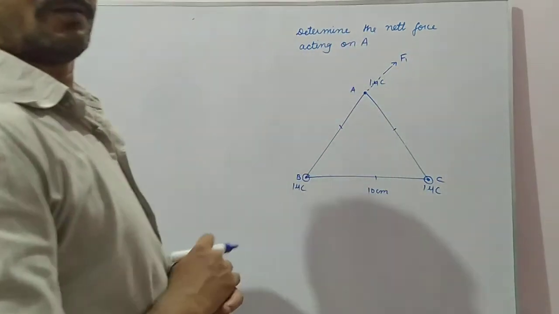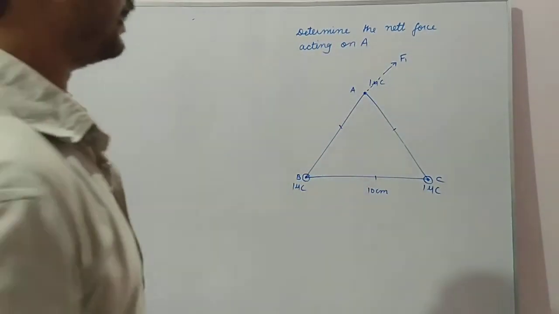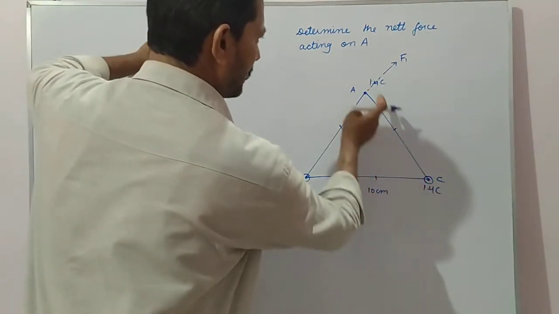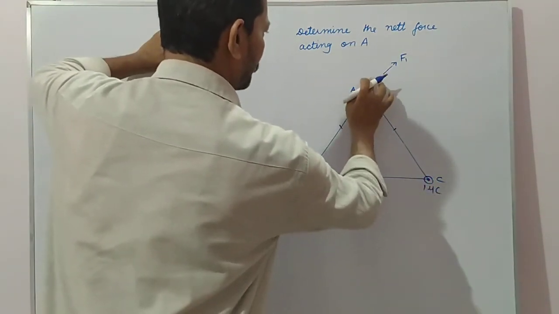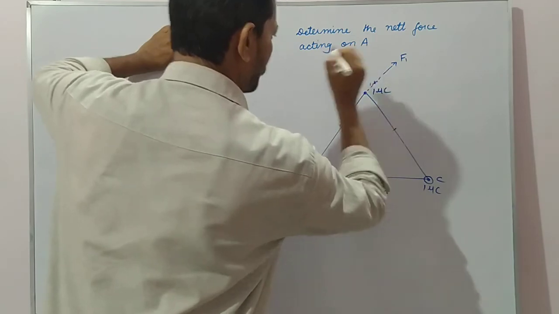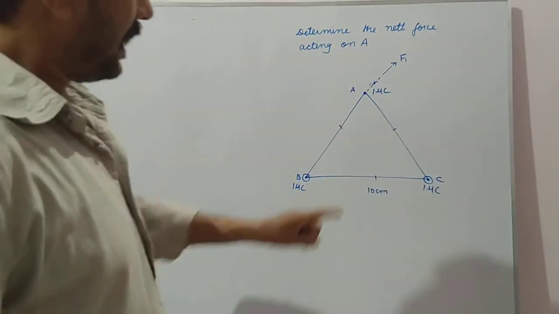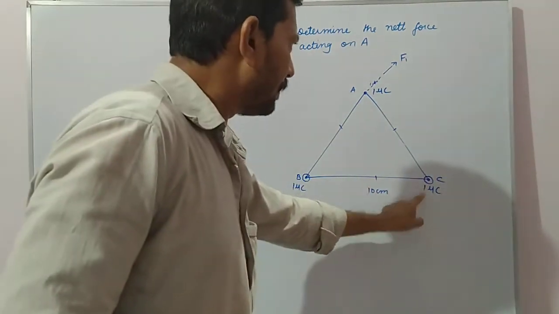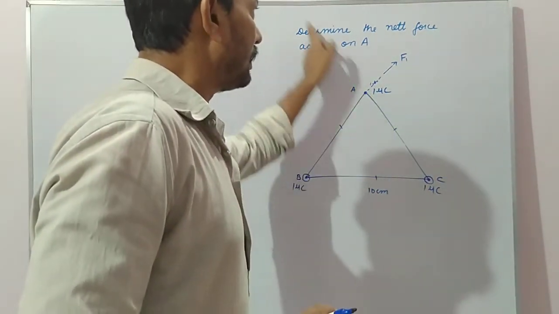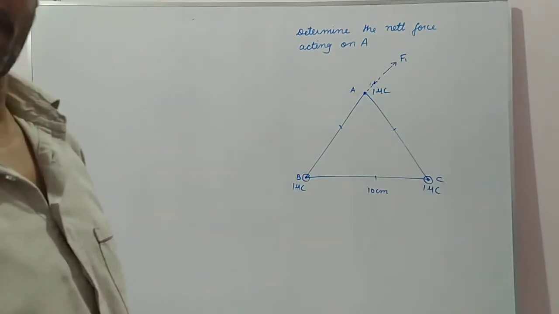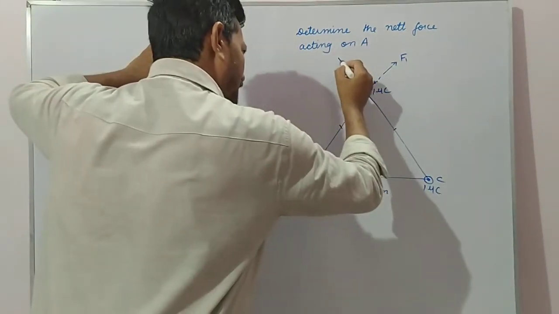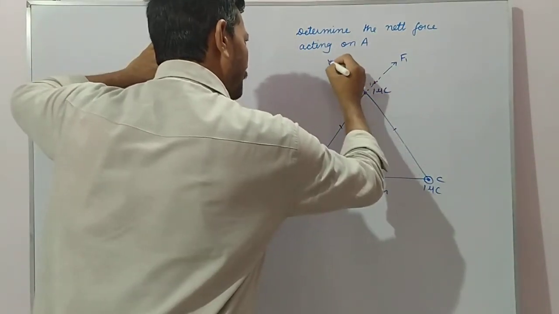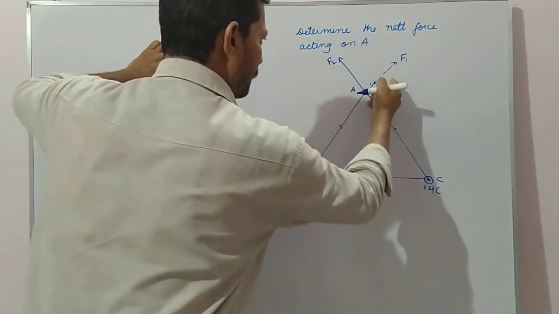Again, here is a 1 microcoulomb charge, this is also 1 microcoulomb, and there will again be a repulsive force between C and A. A will move along this direction by repulsion. So this one is F2. This is F1, this one is F2.